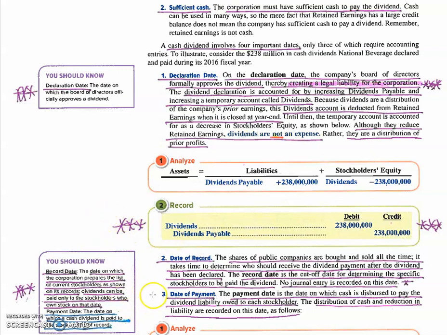Okay. Second date is the record date. So when the board of directors declares a dividend, let's say they do it today, and the day I'm recording this is April 24th, 2020.